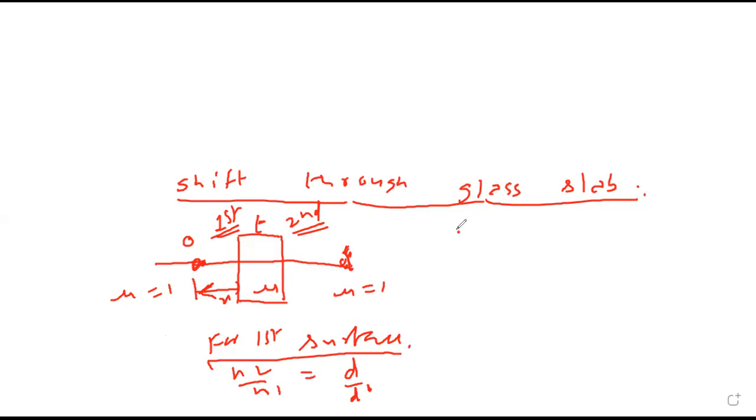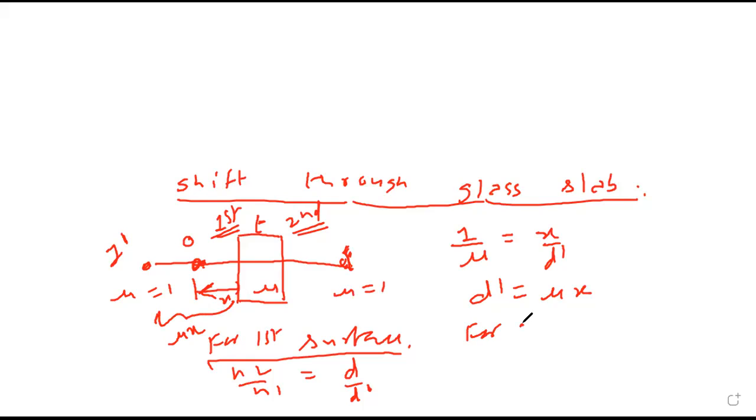So n2 means mu, where the light is going, and n1 is 1. d is x, d dash we don't know. So d dash is mu x. And mu x is definitely greater than x because mu is greater than 1. So from here, this will be my image I dash at a distance of mu x from the first surface.